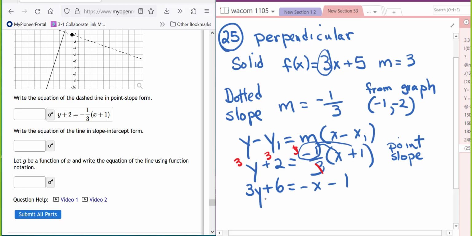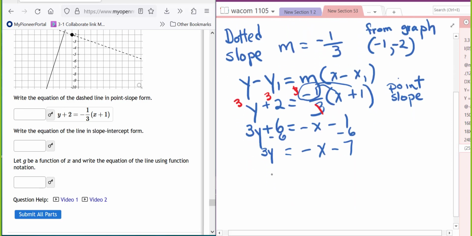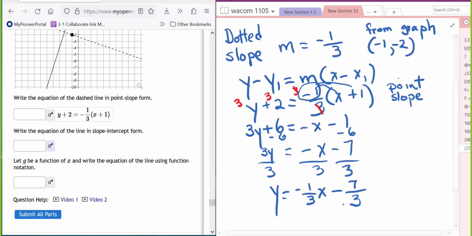So we're going to subtract a 6. So we have negative x minus 7 equals 3y. And we're going to divide by 3. So y equals negative 1/3 x, pulling that coefficient away from the x, minus 7/3.